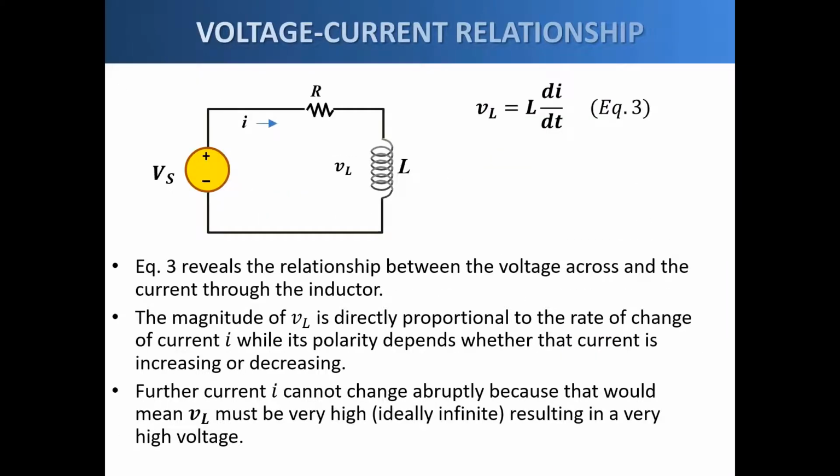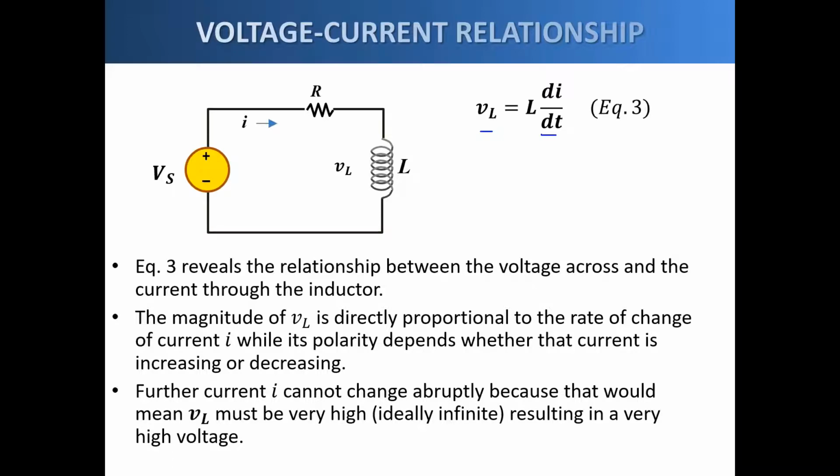Equation 3 shows the relationship between the voltage of the inductor and the current through the inductor. But it also tells us a lot more. For example, it shows that the magnitude of the voltage V sub L is proportional to the time rate of change of the current. The higher the time rate of change, the higher will be the magnitude of that voltage.